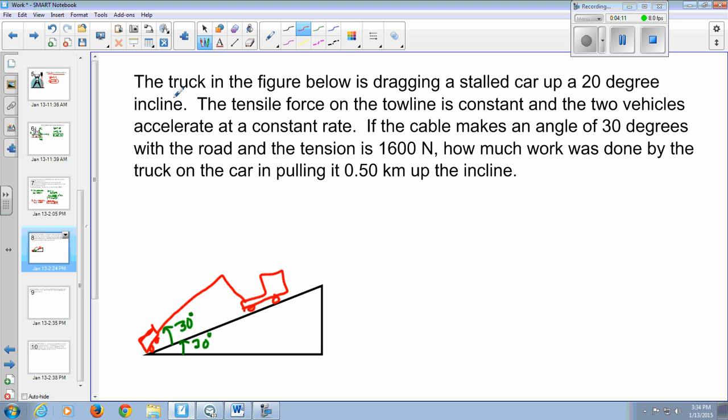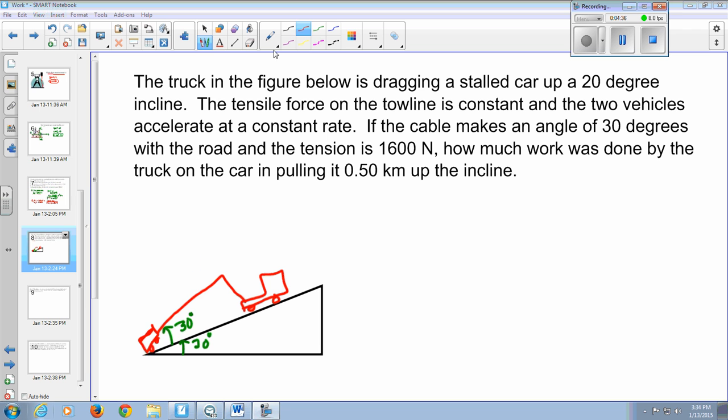Our next problem is a work-at-an-angle problem. We've got a truck here that's dragging a stalled car up a 20-degree incline. They tell you the tensile force in the tow line, and that's acting at 30 degrees with the road.